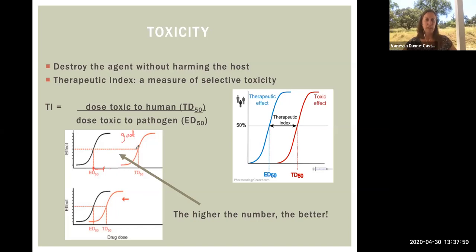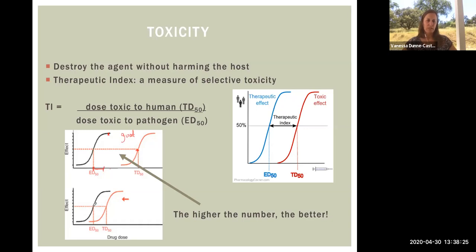And the toxic effect, where you would not want to use this drug at all, is so far outside of even the maximum concentration needed to be effective against 100% of infected individuals or 100% of that pathogenic population. This gap is so wide that there's no overlap, right? So this is a really good chemotherapeutic agent to choose, where there is no overlap whatsoever.